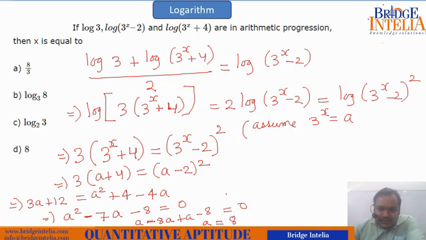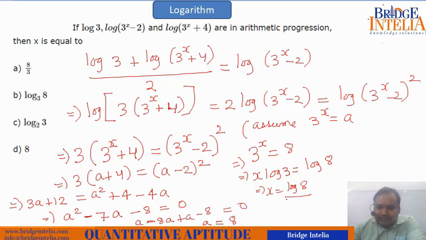So a comes out to be equal to 8. It means 3 to the power x is equal to 8, which means x log 3 is equal to log 8. So x is equal to log 8 by log 3, which in turn is equal to log 8 to the base 3.